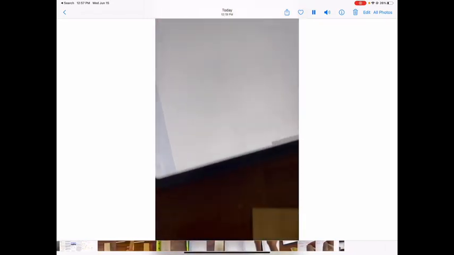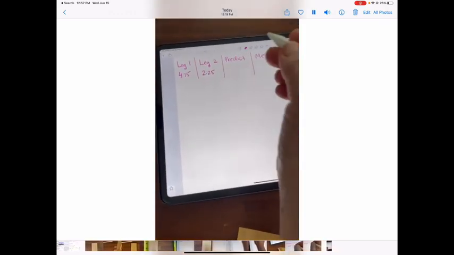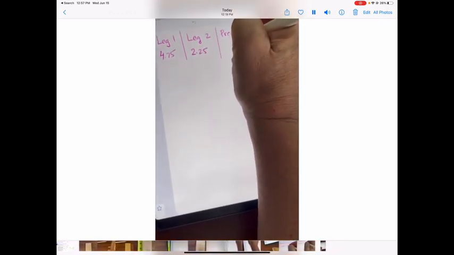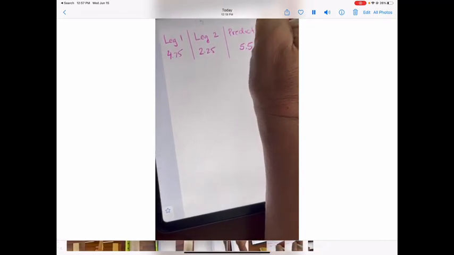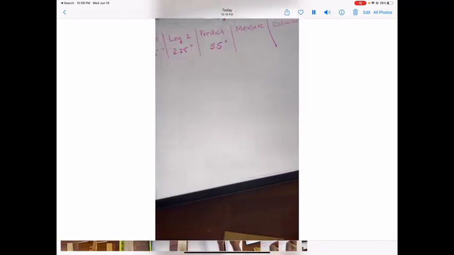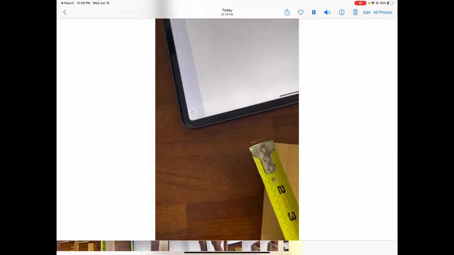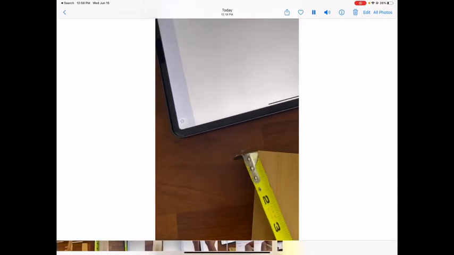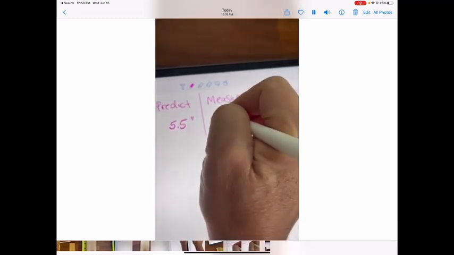What I'm supposed to be predicting is the diagonal here. I'm just going to say maybe the prediction is about, I don't know, 5.5 inches. So we're going to measure it and see exactly what it is. The measuring comes to be pretty close, 5 1/4, 5.25 inches.